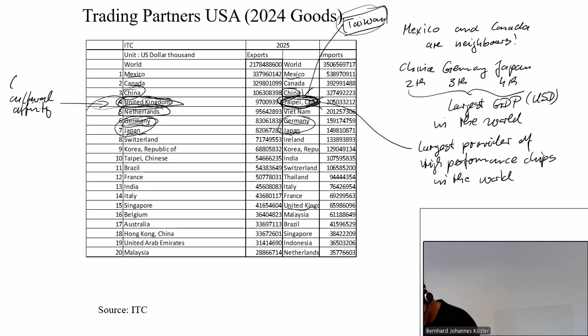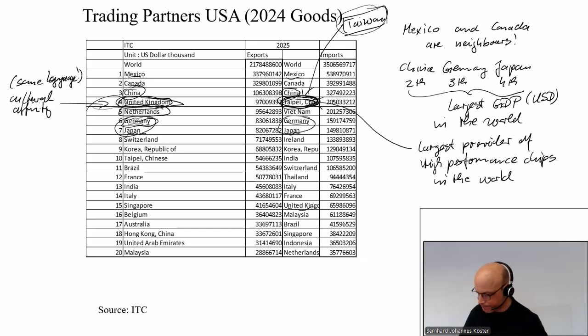But this argument I want to have from you. What is special about the Netherlands in international trade relations? There has to be something.